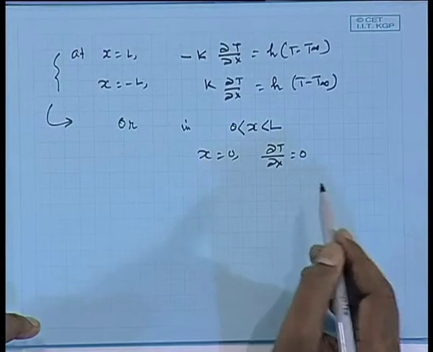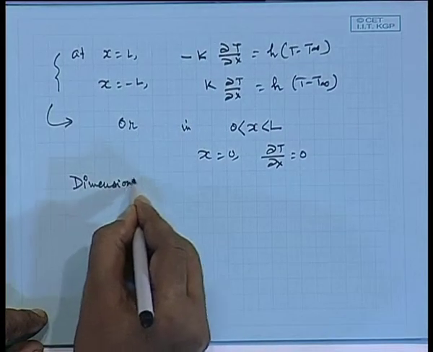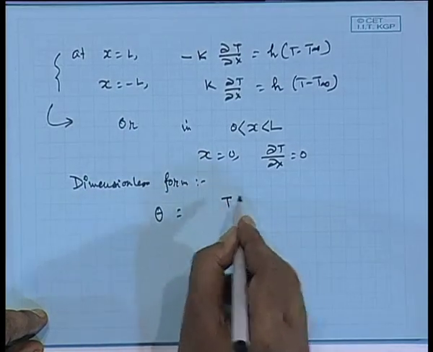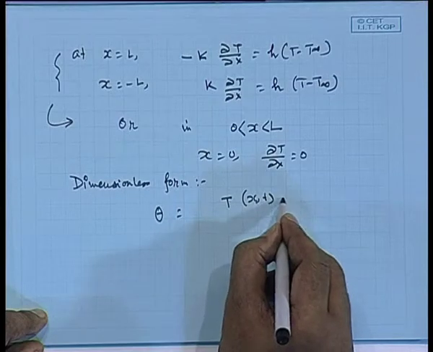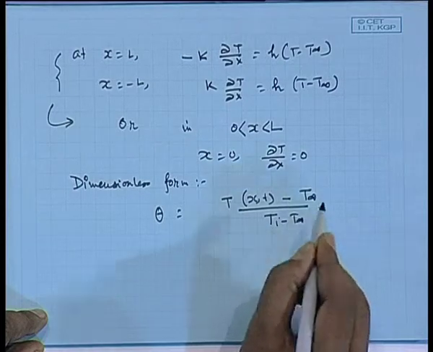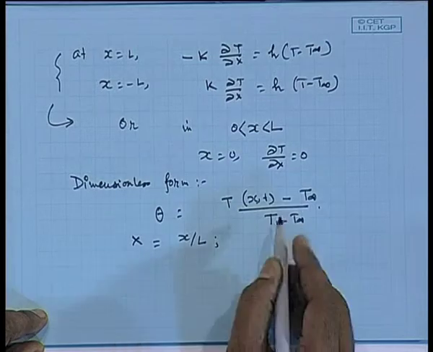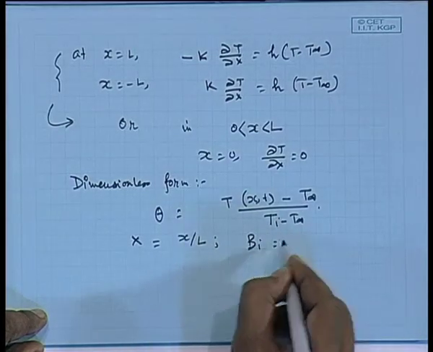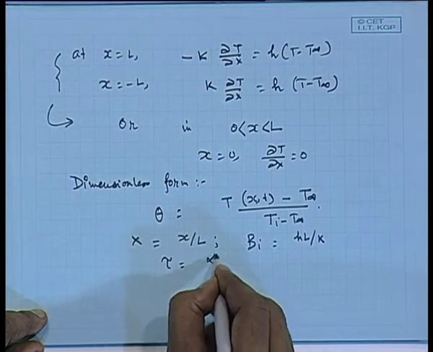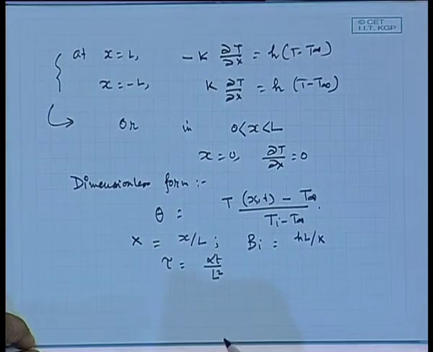In dimensionless form, theta is T(x, t) minus T infinity, divided by T_i minus T infinity. Let us say capital X we define as x by small L, the Biot number we define as hL by k, and non-dimensional time is defined as alpha t by L squared, and this non-dimensional time tau is known as the Fourier number.